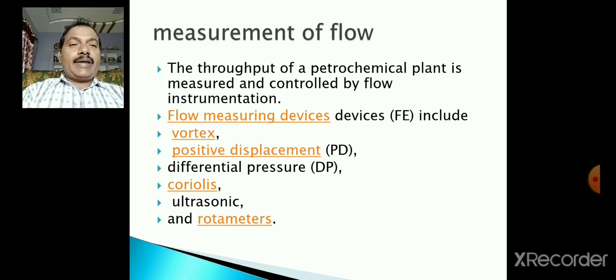The flow measuring devices include the vortex flow meter, positive displacement flow meter, differential pressure type flow meter, Coriolis type flow meter, ultrasonic type flow meter, and rotameters. In this we consider the vortex type flow meter because it is widely used in the chemical industry.